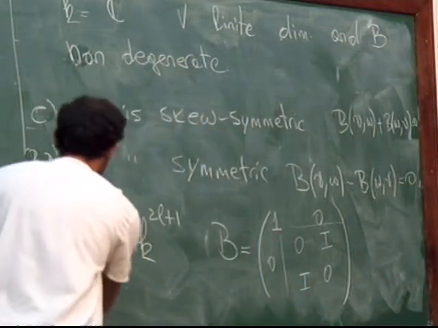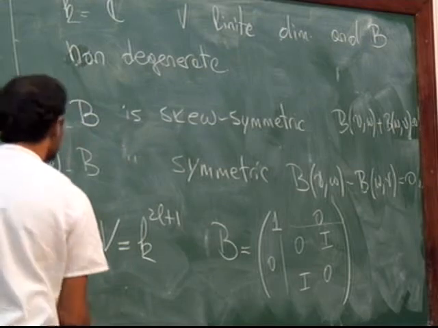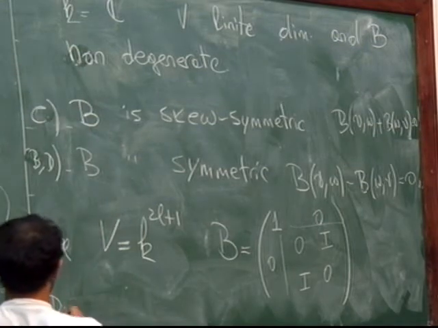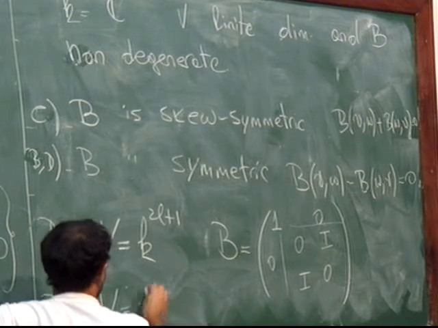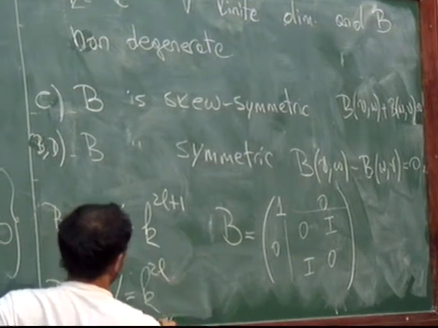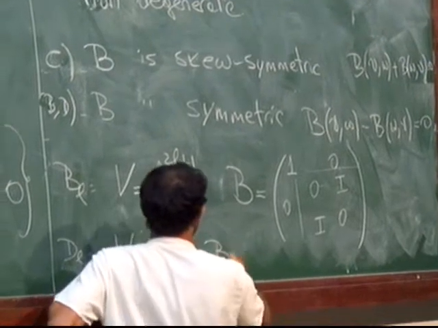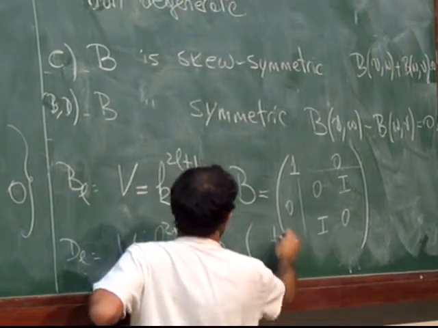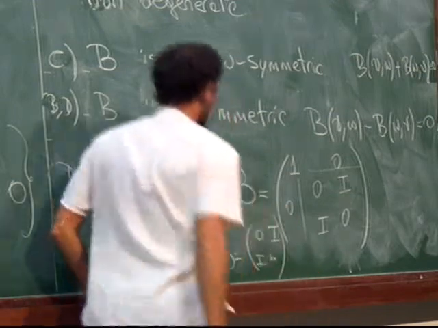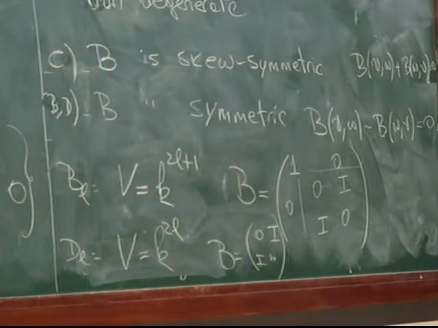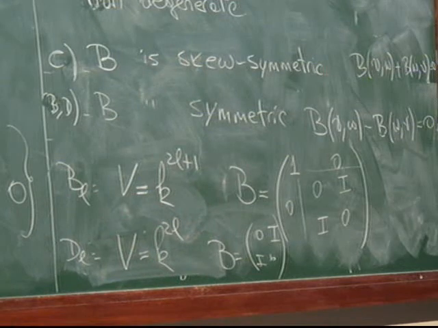So this is going to be the example B_L. And the example D_L will be when V is K^{2L}, and now B is the same thing. Now this is even dimensional, so we can just take I, 0, 0, I. So this gives us two different series, B_L and D_L. So we have series B_L, C_L, D_L.